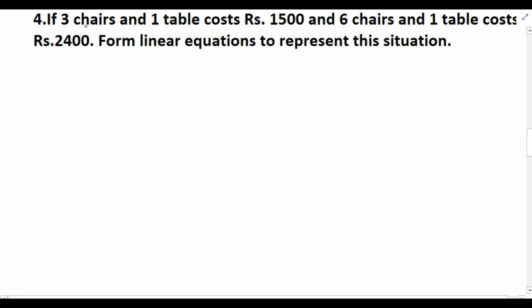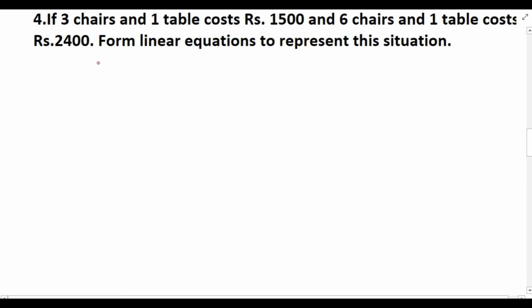So next question, if 3 chairs and 1 table cost rupees 1500, and 6 chairs and 1 table cost rupees 2400, form linear equations to represent this situation. This question is also asked from the chapter Pair of Linear Equations. So we need to form a pair of linear equations.